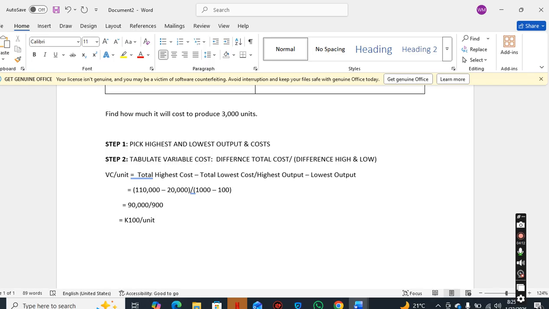When I say you're working with the high, you're working with the highest cost and the highest output, so that you can calculate your fixed cost. If I say you're working with the low, you work with the lowest cost and the lowest output in order to get your fixed cost. So let's use the high.